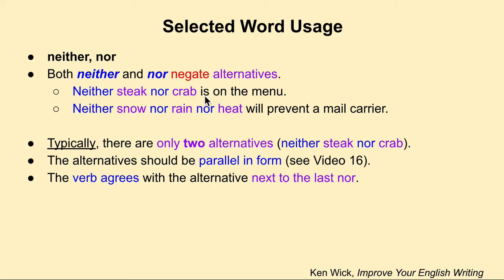This first one is going to agree in number with crab. This is basically the same as subjects joined by the word or. And if you're not too sure about that, I have a further discussion about that in video number 25.